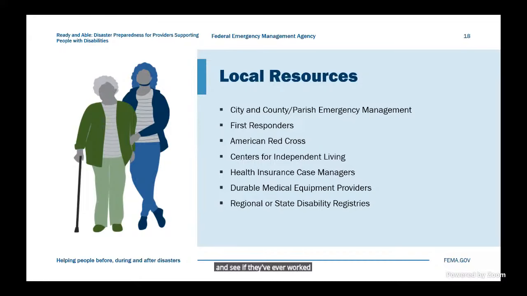I know the state of Arkansas has had some representatives from the Arkansas state chapter of the National Federation of the Blind get involved when there's been federally declared disasters, to make sure that people who are blind have access to the information that FEMA is putting out. But in terms of just getting alerts and information like that, I do recommend the FEMA app, but there are also other apps, like the Red Cross app.